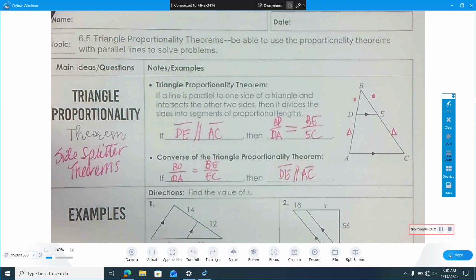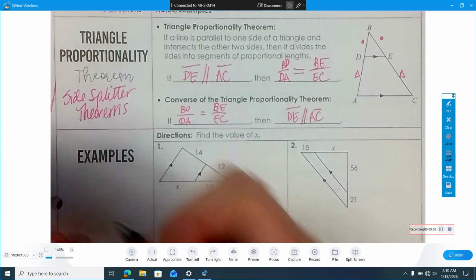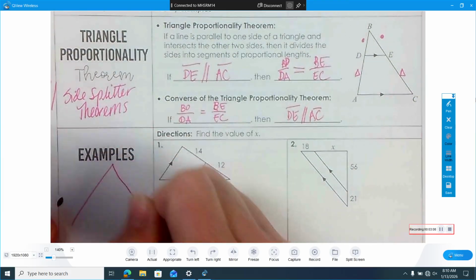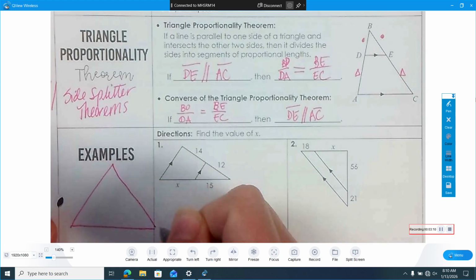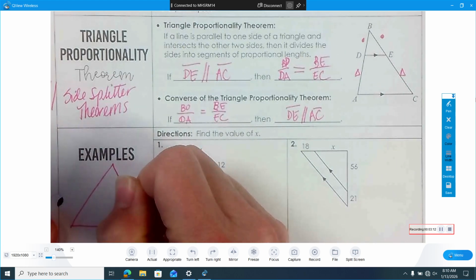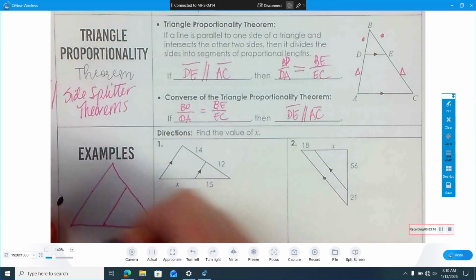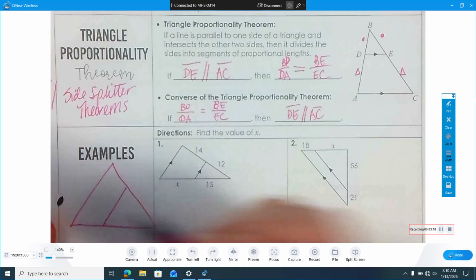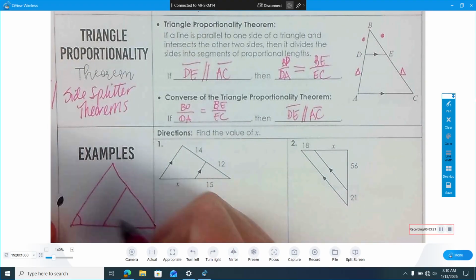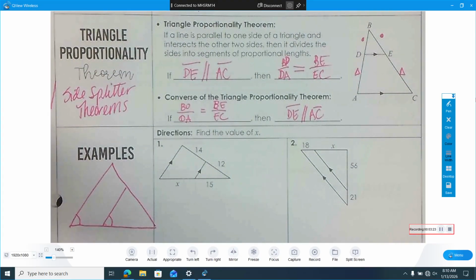All of these pictures show parallel lines, but in Delta Math, they're going to show you pictures that require a little bit more interpretation. So you might see a picture like this in Delta Math. So we have our big triangle, and it appears maybe we have parallel lines, but all they're giving me are two congruent angles right there.